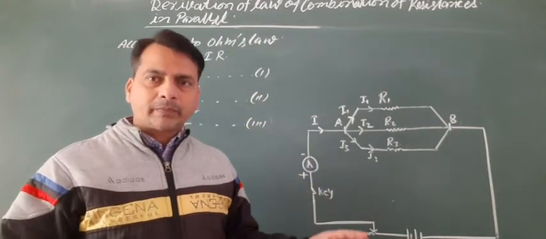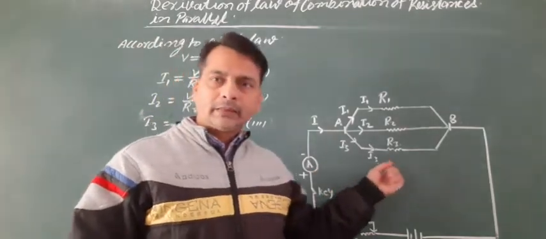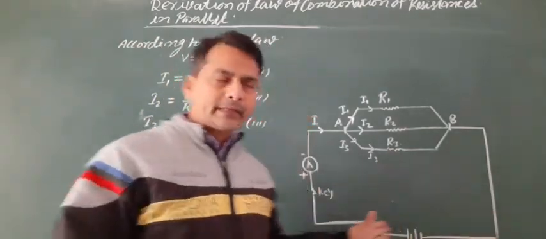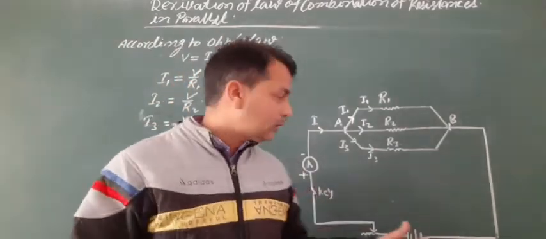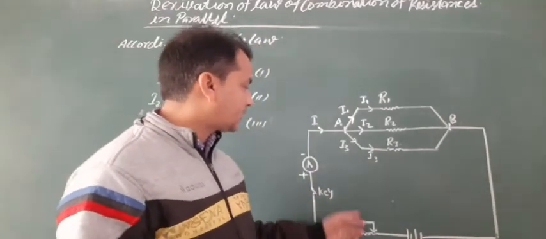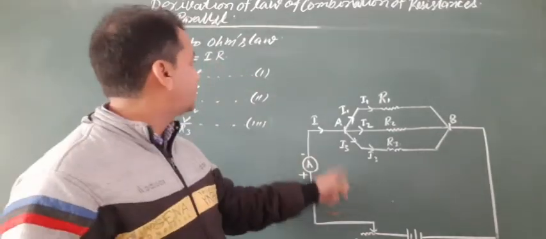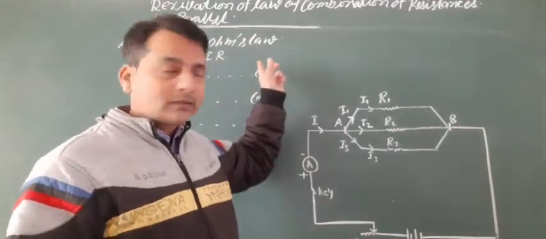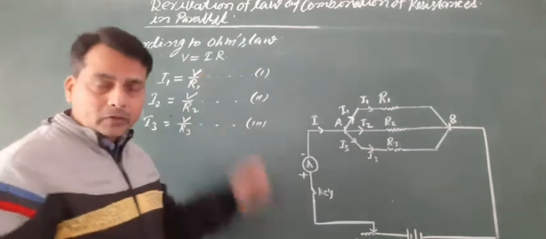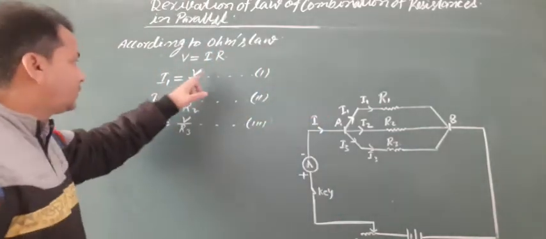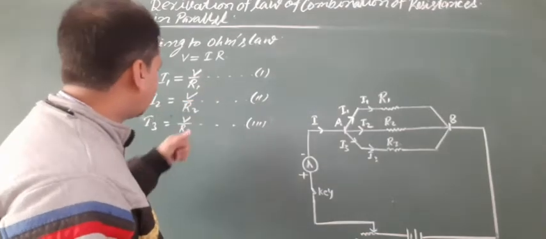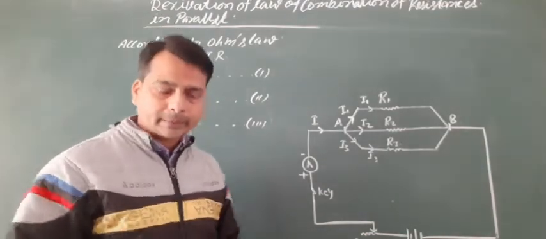Each resistor will take a different electric current. So here I3 equal to V by R3, and the total potential difference in this circuit is V, the net current is I, and the net or equivalent resistance is R. So I1 equal to V by R1, I2 equal to V by R2 and I3 equal to V by R3.